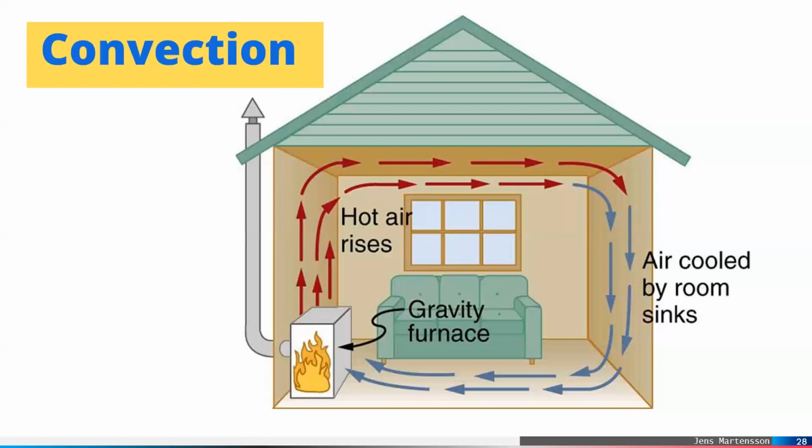So it's replaced by the cooler air particles in the room, which have lower volume and greater density. So it's higher density, so it's heavier. So it sinks in the room, replacing the hotter one, which leads to a convection current at the end of this process.